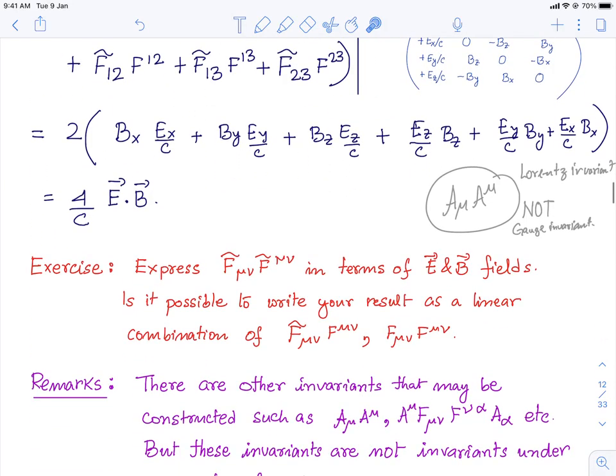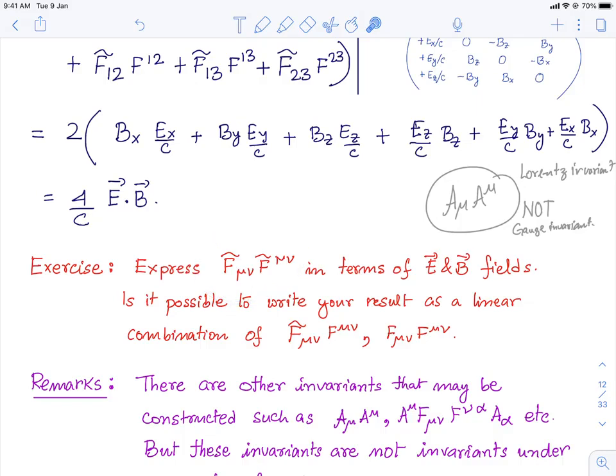But of course there can be one term which is F tilde mu nu, F tilde mu nu. It's the F tilde square, or the dual field strength square, and if you express this quantity also in terms of E and B, you will find that it is expressed in terms of E square minus B square and E dot B. So this is not a new or independent quantity.